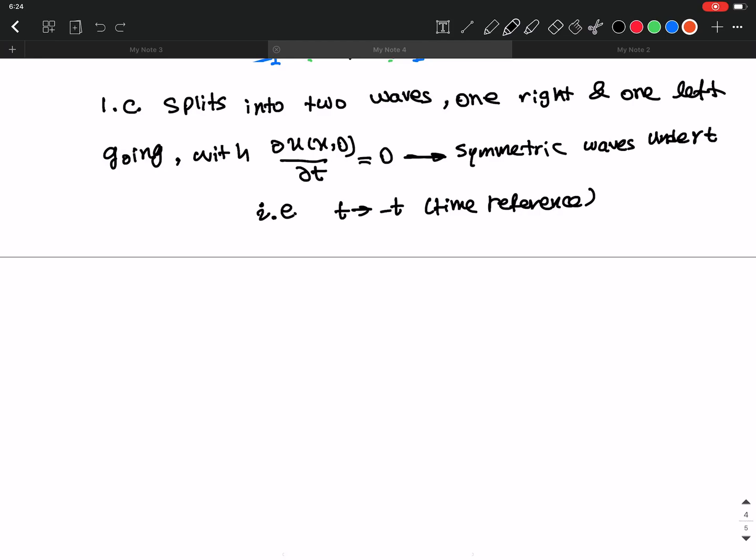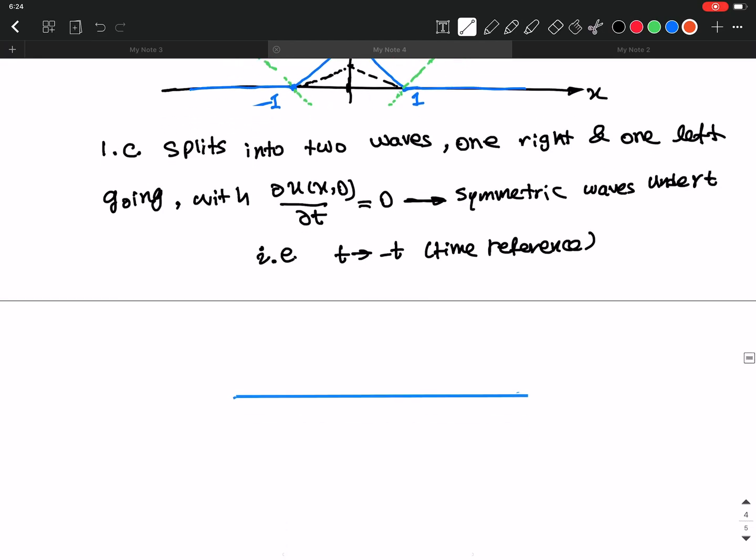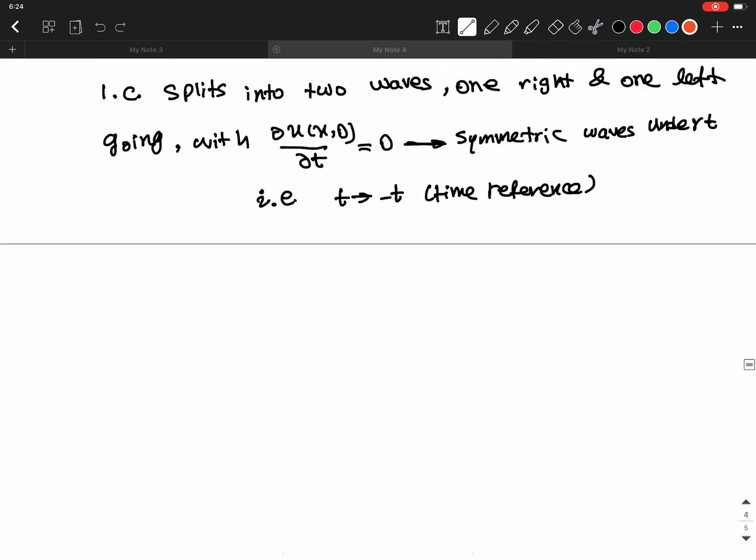So say you are in t, let me see if I can do this. Let me do it with another color.